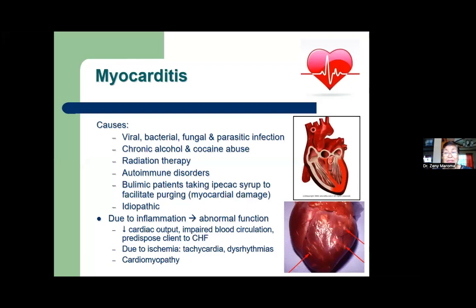Pericardiocentesis, a life-saving measure. Pero kung maraming fluid, tubo, di ba? Kung maraming fluid, 1 liter, tubo. Ang tawag, pericardiostomy, tubo. And that tubo is connected to a bag to continuously drain the fluid.